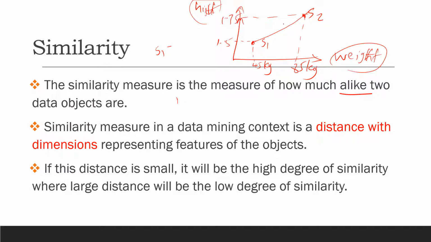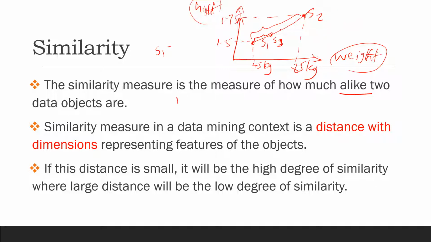Just think about this distance now, and a student 3 this time. So this distance is very low. What do we conclude about the similarities? Student 1 and 2 have less similarity. They are less similar objects.